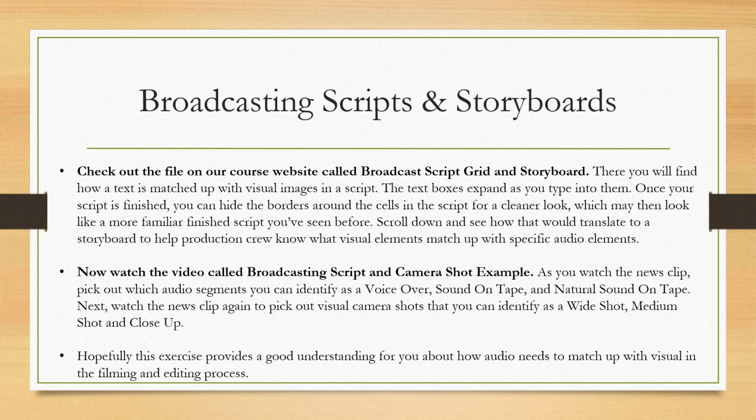Once your script is finished, you can hide the borders around the cells in that script for a really clean look. That might look more familiar to scripts you've maybe seen before if you've worked at all in broadcasting. Scroll down and now you can see how that would translate to a storyboard that helps the production crew know what visual elements would match up with the audio elements above.